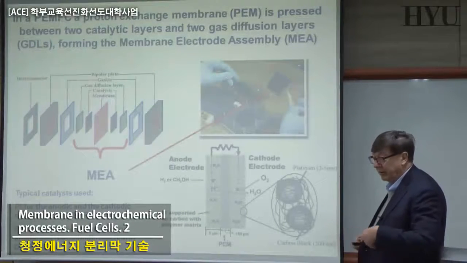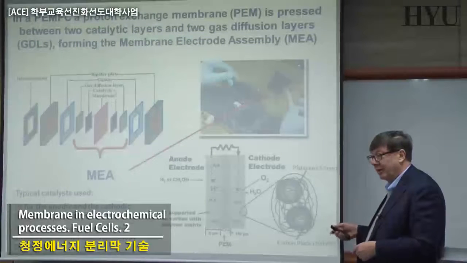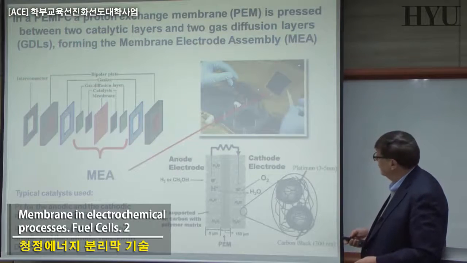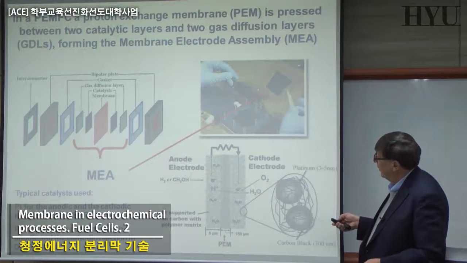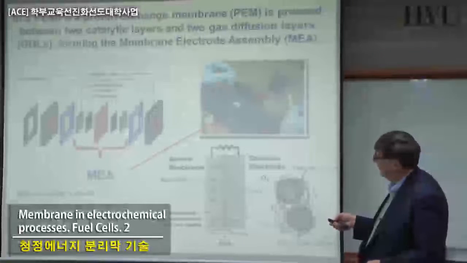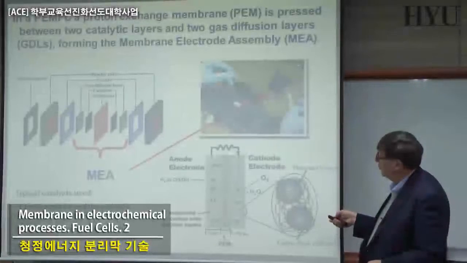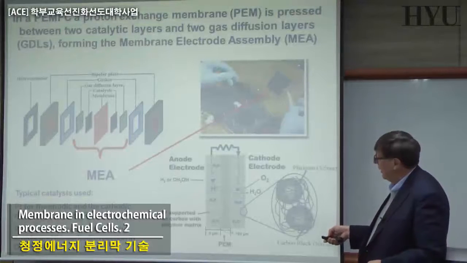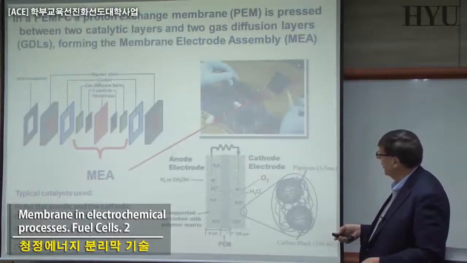In the small one, the one that you will have in your car or in some of your instruments, you can see here we have just this plate, gasket, gas diffusion layer, catalyst, and membrane. And these things are very well combined.